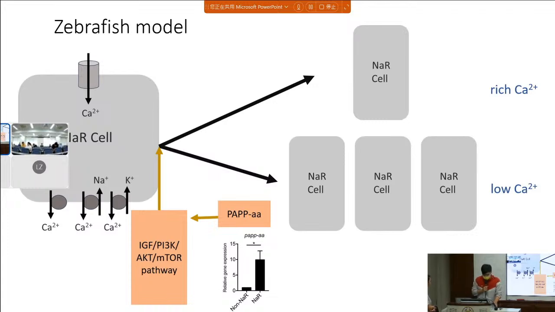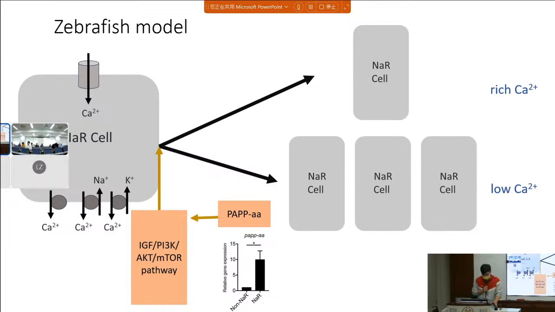To address this issue, the authors developed a zebrafish model using the NaR cell, which can compensate by absorbing calcium ions from the surrounding to maintain the calcium stability in the fish. When the water is rich in calcium ions, NaR cells are in quiescent state.